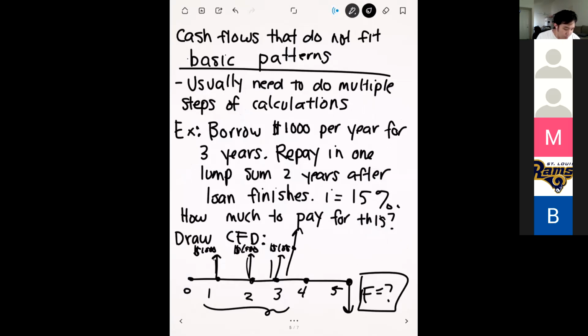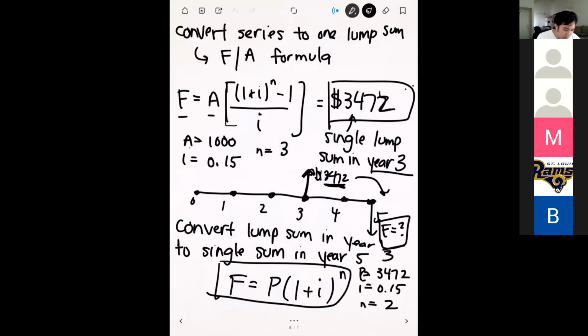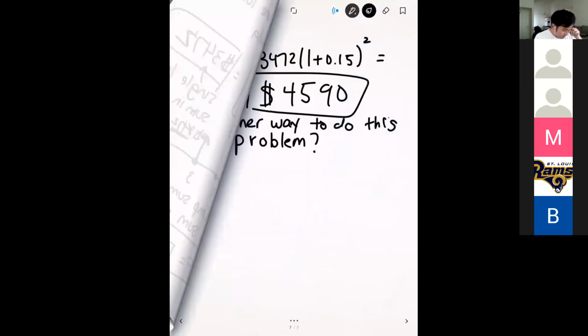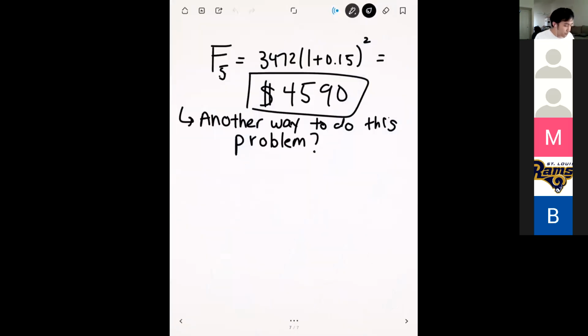And this 4,590 would also be an up arrow up here, right? But in order to pay it back, we would have to pay out that same amount. So in the end, it all balances out. Okay, so that's how we do non-standard cash flows.